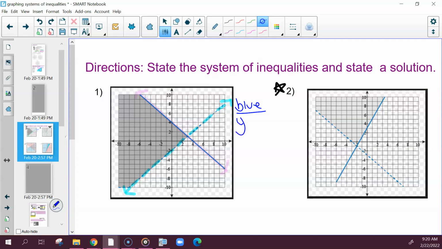The y-intercept for this would be what? -2. And we need to find the slope. Okay, 1. So if we think it's 1, remember we need to check it. If it's 1/1, then there will be a point at each 1/1. That seems to work.